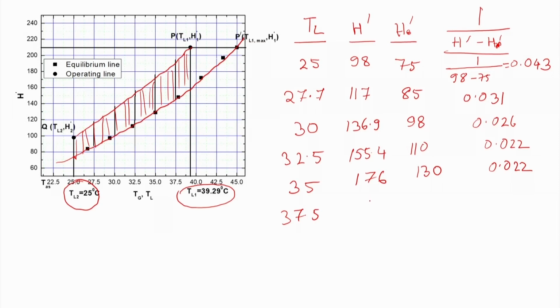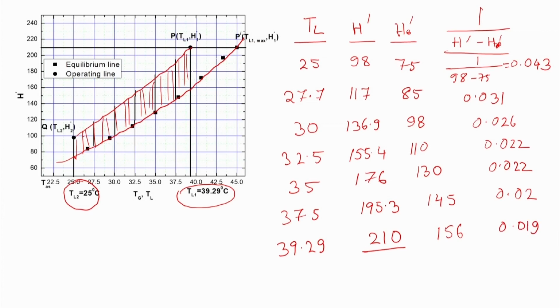degree Celsius, the enthalpy value is 195.3, whereas the equilibrium enthalpy value is 145, and 1 by H prime minus H star prime is 0.02, and for 39.29 degrees Celsius, we know this enthalpy value we have already calculated, that is 210 kilojoule per kg dry air, and the equilibrium enthalpy value is 156, and 1 by H prime minus H star prime is 0.019.